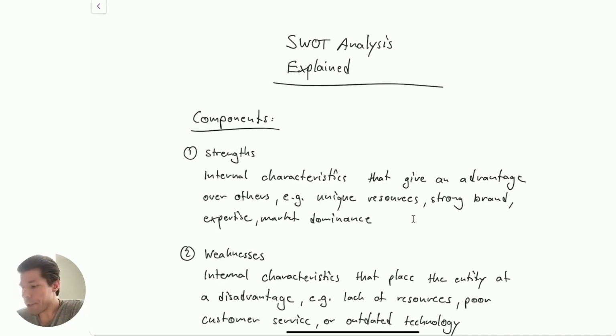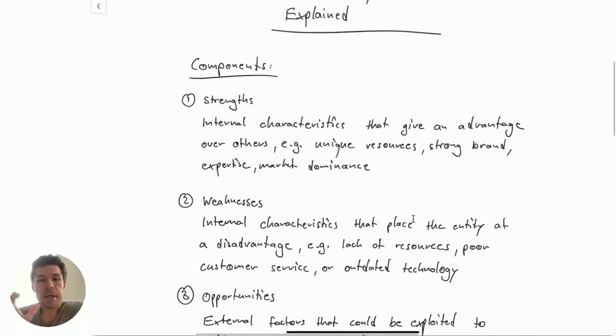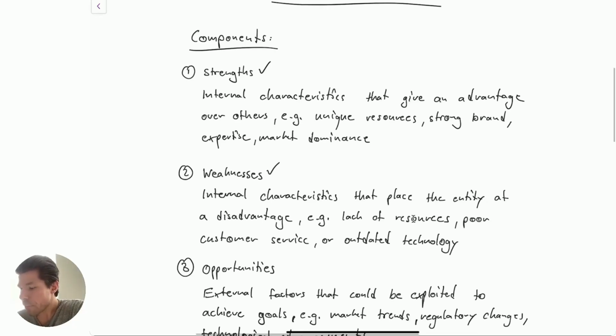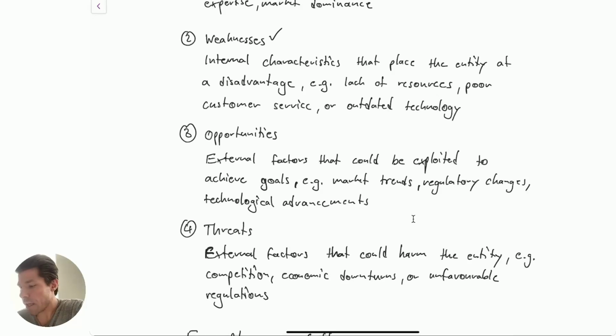The framework focuses on internal characteristics and external factors. The internal characteristics are called strengths and weaknesses from an internal perspective, and external factors are opportunities and threats.